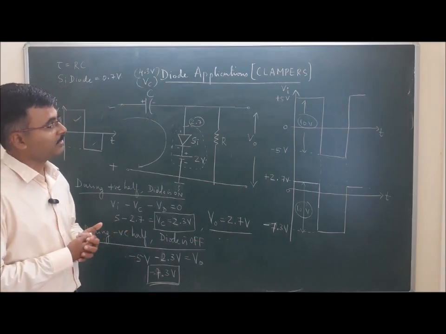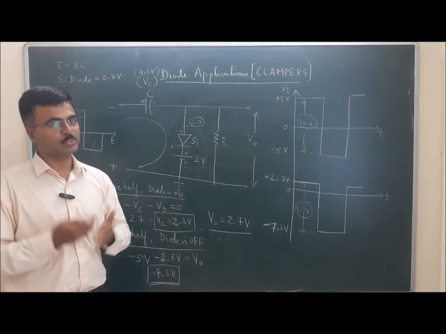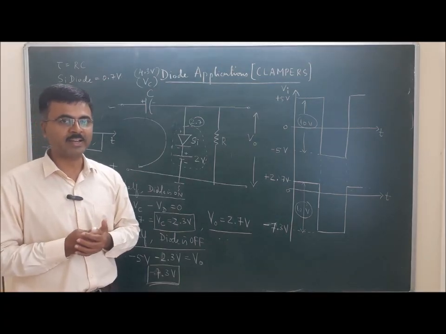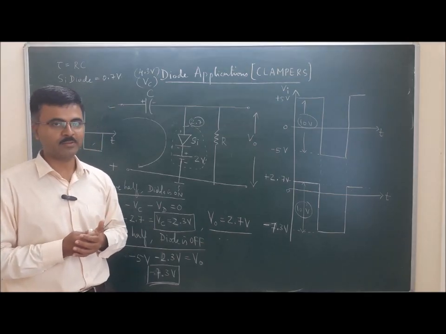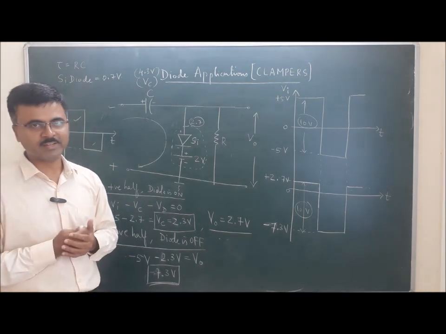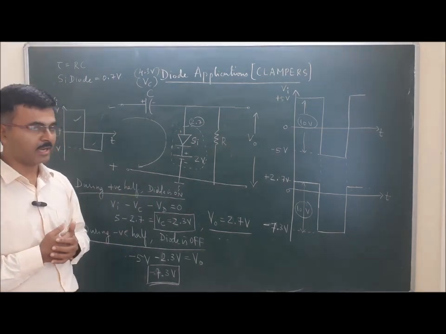Well, so after this particular explanation, I feel that students should not find it that difficult to understand clampers. Okay, so they are very easy to understand. You can just use your common sense and then try to obtain the output.